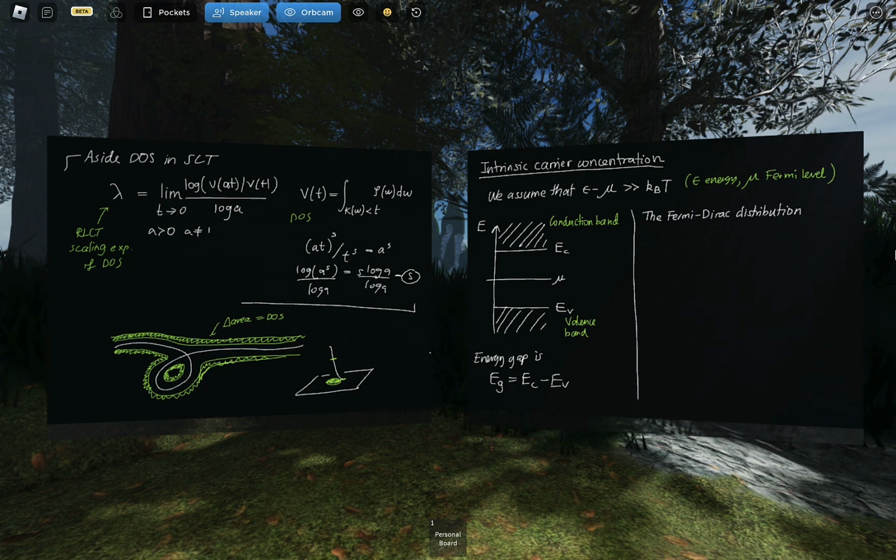So the Fermi-Dirac distribution, in this case, well, maybe I'll write it out. This was 1 divided by the exponential of epsilon minus mu on kBT plus 1. At zero temperature, it's no longer smooth; it becomes a perfectly dense sphere.